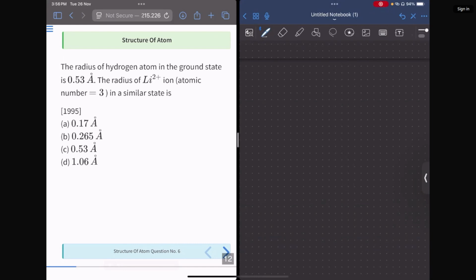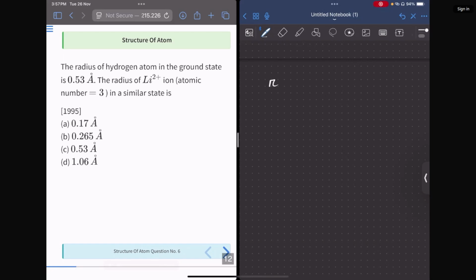In the previous question, it was asking for the radius of the second orbit of the same hydrogen atom. Here it is asking for the radius of lithium 2 plus ion. So how are they similar? How can you derive the radius of the lithium 2 plus ion from the hydrogen atom's radius? There is a formula.